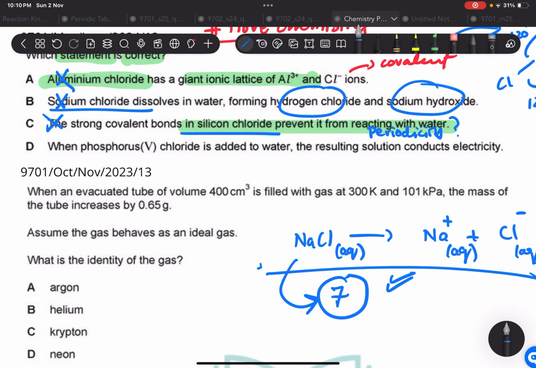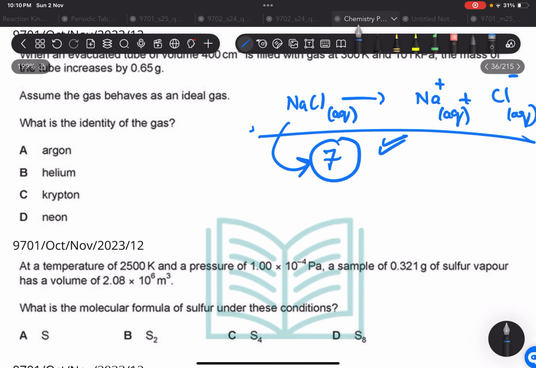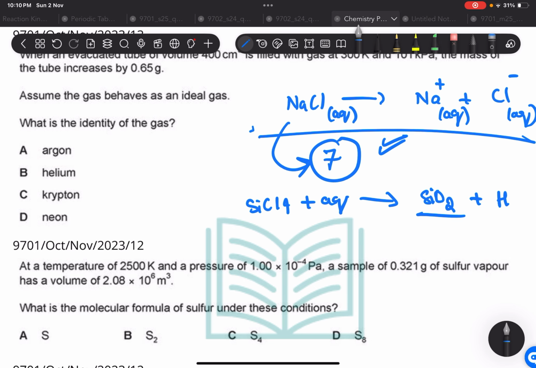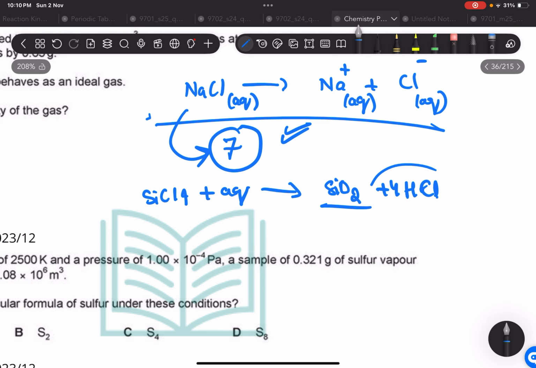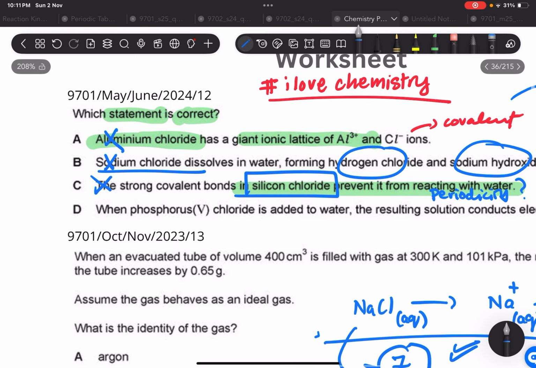Because silicon chloride reacts with water. You add excess water and what's going to form? Silicon dioxide plus HCl. So HCl is going to form, so this is going to be acidic. So that's incorrect. If you know periodicity, then you should know this is incorrect.